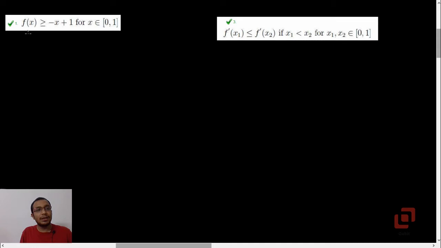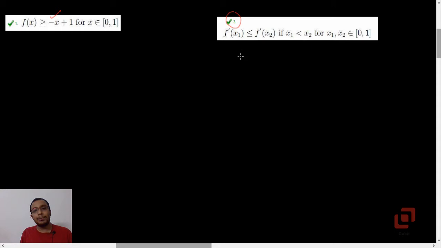In option 1 we are to check whether f of x is greater than or equal to minus x plus 1 for x in the closed interval 0 to 1 is true or not. To check this, we will make use of what we proved in option 3.